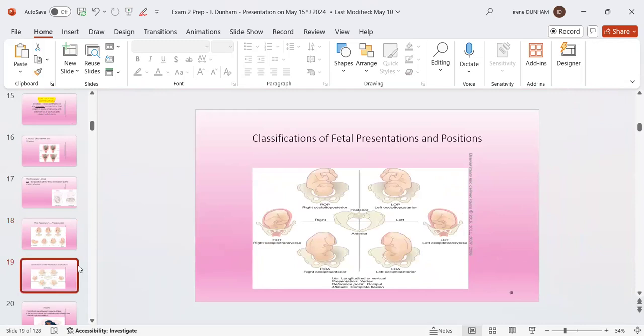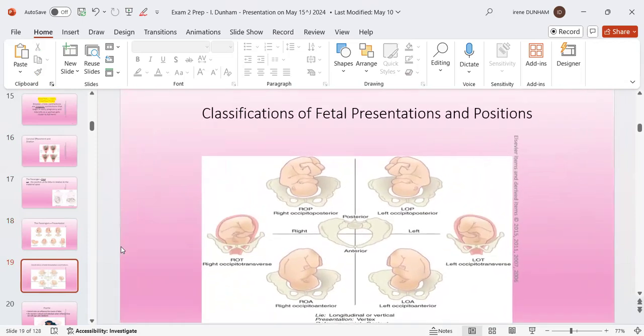And then one of my favorites here is the position, presentation and position. So let me make this a little bigger for you. And all it is, it shows you, start here at mom's pelvis, and it shows you here the anterior of her pelvis, and then here's her posterior.